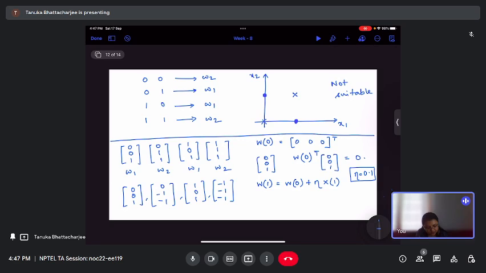So, the W1 that you are getting is basically 0 0 0.1 transpose, right. This is your weight vector after first iteration. Now, you will try to classify the second example using this weight vector and try to see if that is getting classified correctly or not.